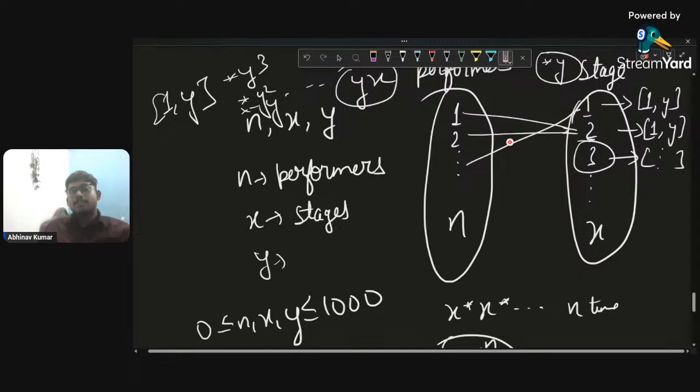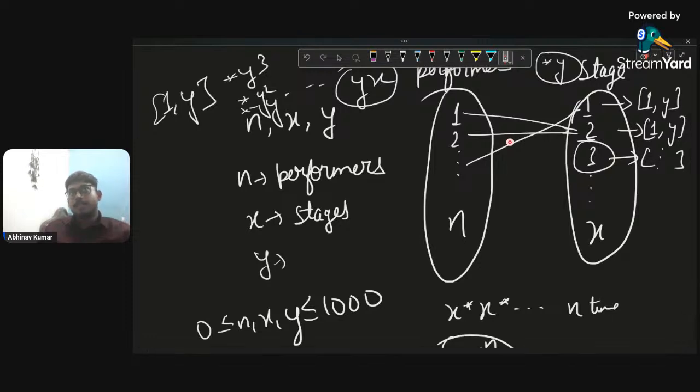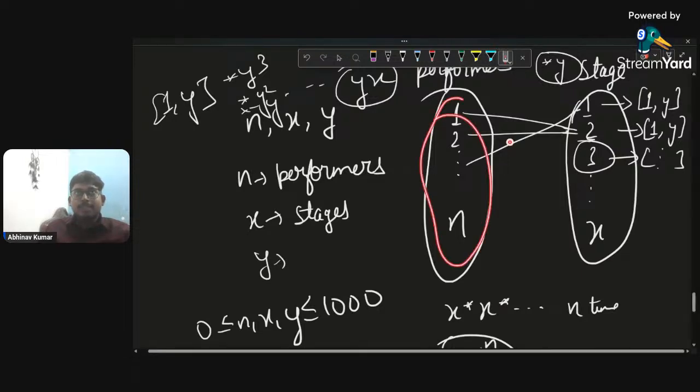That was the problem there. You need all these I stages to be non-empty, with at least one performer assigned there. After that, the remaining you can assign anywhere. So if we have I stages, we need to divide these n people into sets of I. Also the problem was that these n people are different.